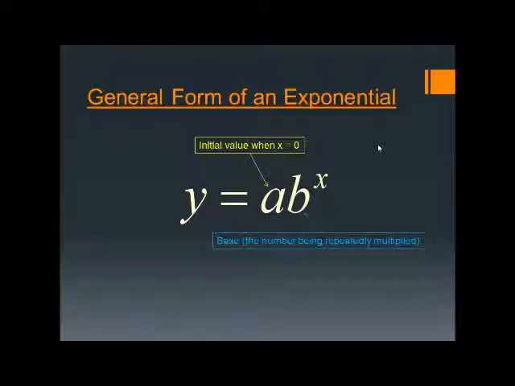And you'll see that when we get into the application problems, probably in the next section or two. Well, no, I know for certain it's going to be in the next section. But regardless of how complicated it looks, it will always boil down to an initial value, some base, and an exponent that's going to tell you how many times to multiply that base to the initial value.